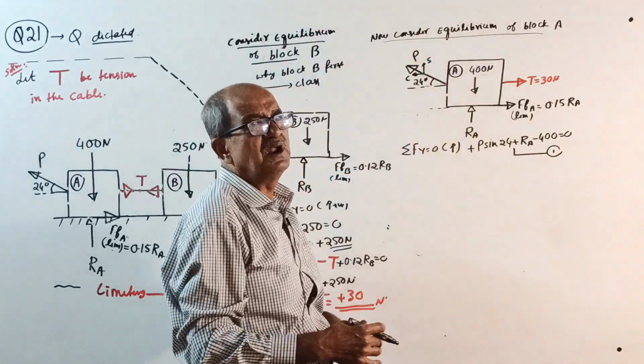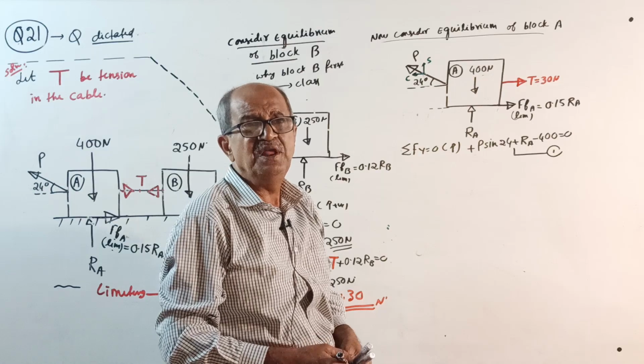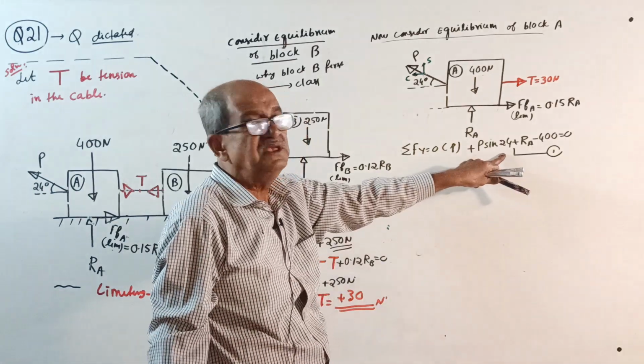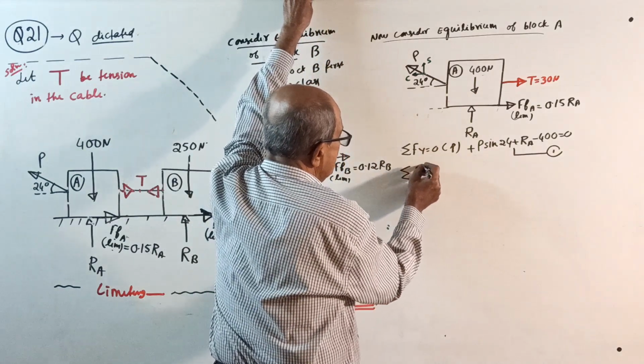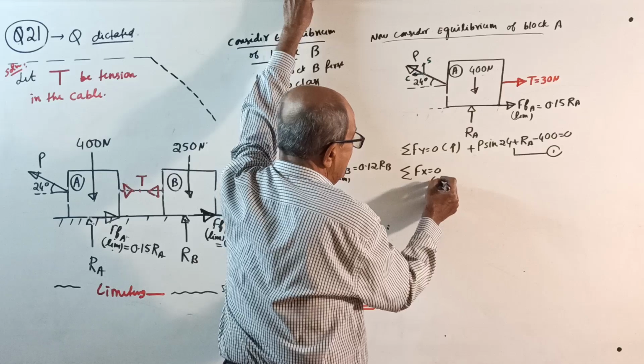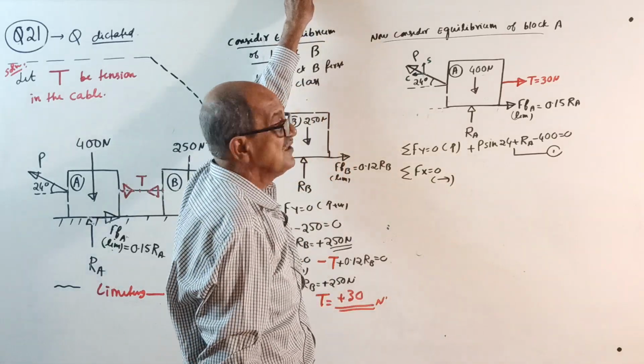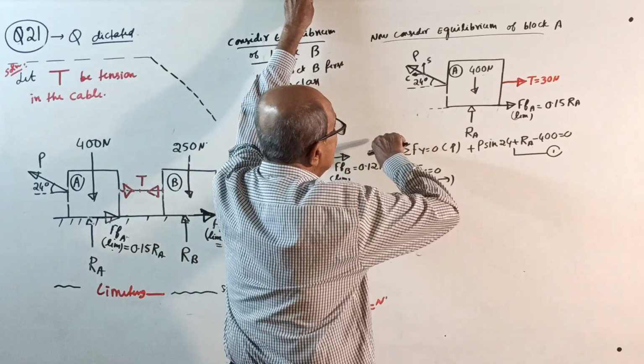Simplify, you do it. You are an engineering student, it is high school mathematics. Sigma Fx equals 0, right side positive.